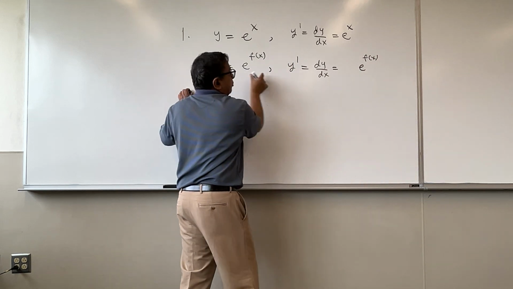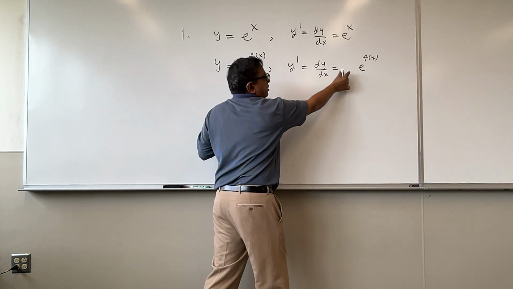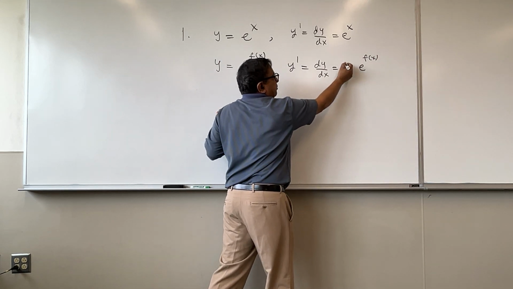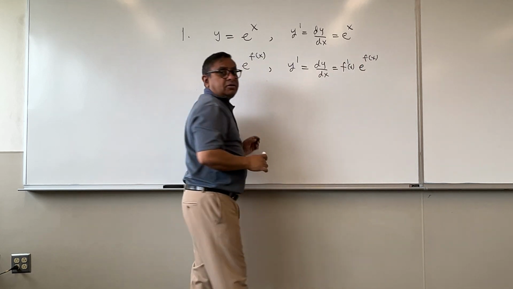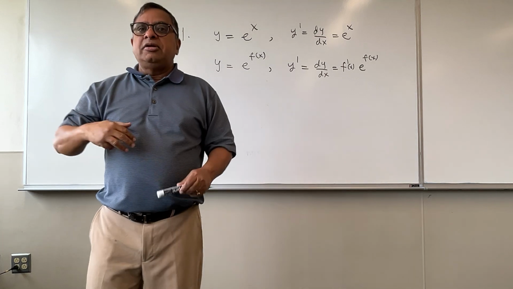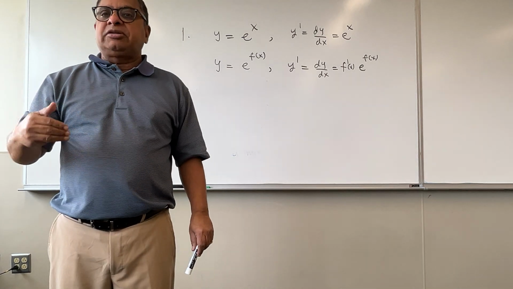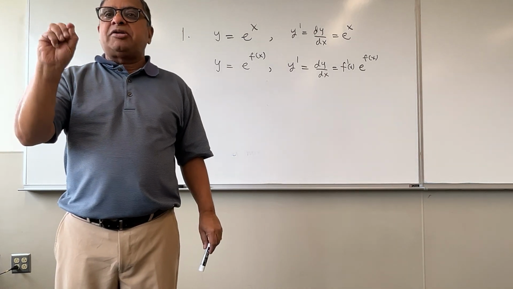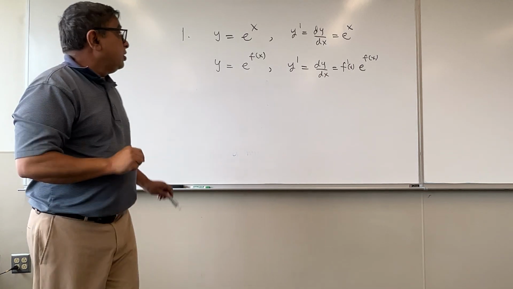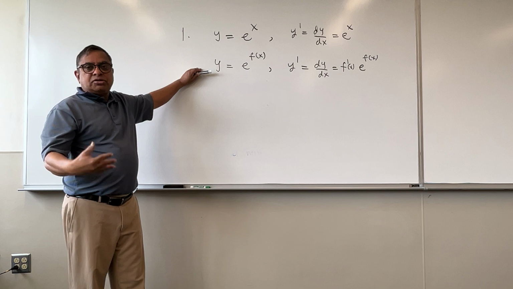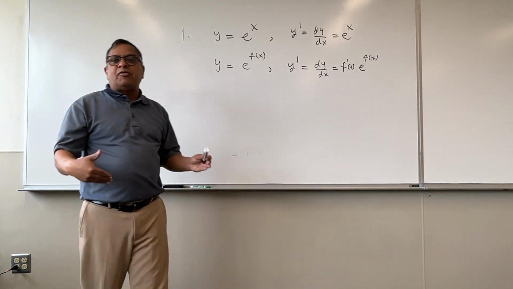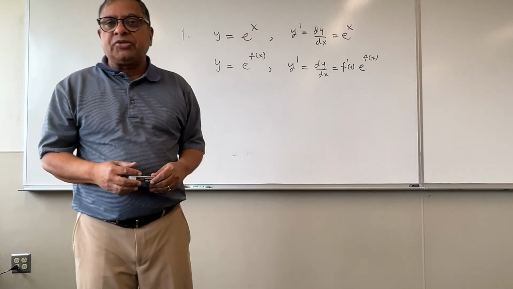So this won't change, but here you have to multiply by f prime of x. You take the exponent, which is a function of x, you multiply by the derivative. In this case, I'm writing that as f prime. So these are two formulas that are useful in differentiating various exponential functions.